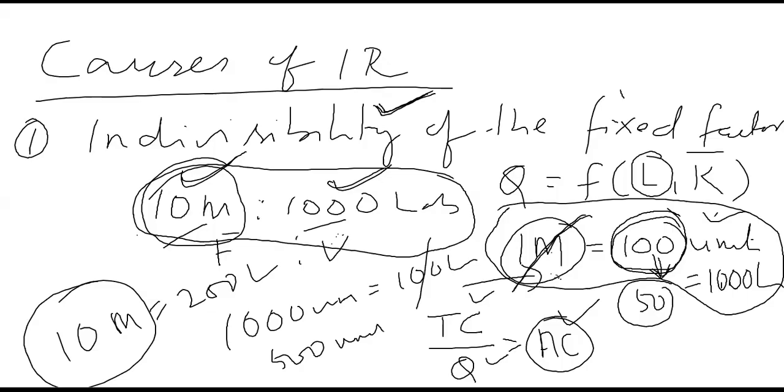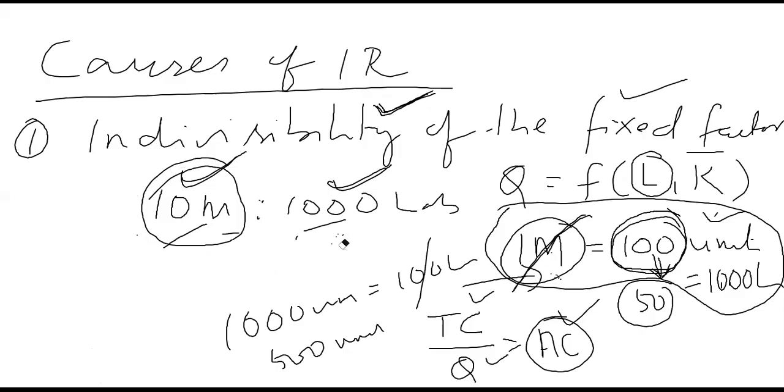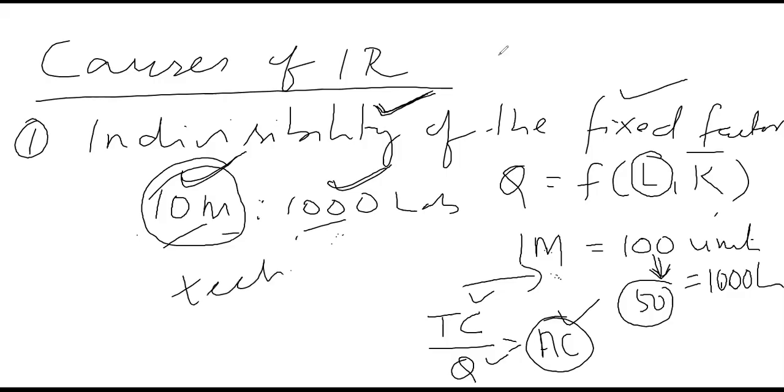First you write what the meaning is. Indivisibility of the fixed factor means that a certain minimum quantity of the fixed factor has to be taken, whatever the level of output, due to technical requirements.